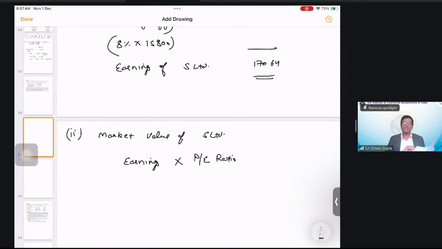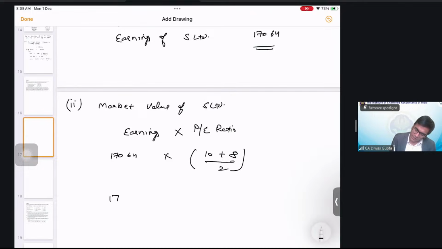Earnings is 17,064, multiplied by the average of both companies' P/E ratios. 10 and 8 are their P/E ratios, so divide by 2. So 17,064 multiplied by 9 is equal to 153,576.